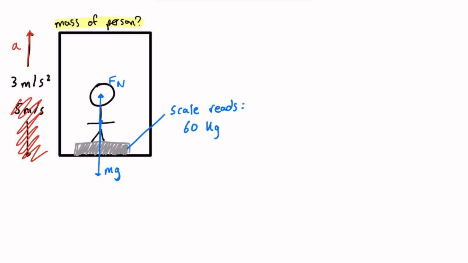Before we write our sum of the forces, let's calculate Fn. Fn is equal to our scale reading times g. We can't use the mass because we don't know what the mass is quite yet. But we'll substitute in the scale reading, which is 60 times 9.8, which is equal to 588 newtons. Fn is also sometimes referred to as the apparent weight, or WA.